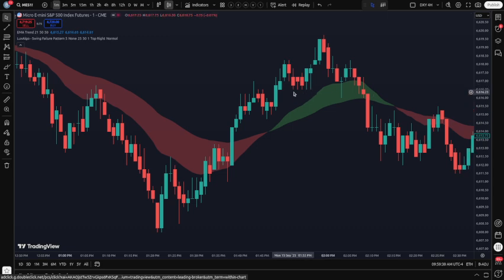Here is another one of those traps. The Lux Algo swing failure pattern indicator did not set this up as a swing failure. It should be. Maybe that's one that it repainted, it removed because it didn't work. Sometimes these indicators can do that.